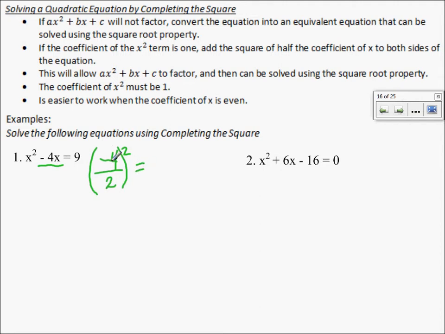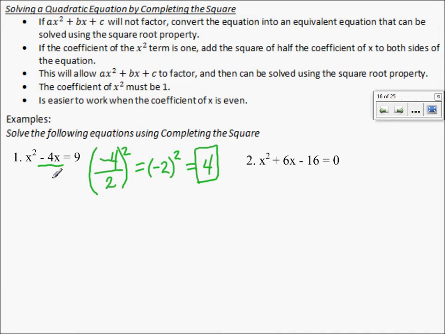So take it through the procedure. Negative 4 divided by 2 is negative 2. Then you need to square it, so negative 2 squared is 4. And the number you get after that little procedure is what you're going to add to both sides of the equation, making sure that the number that will not factor, the c term, which in this case is 9, is moved to the other side of the equation.